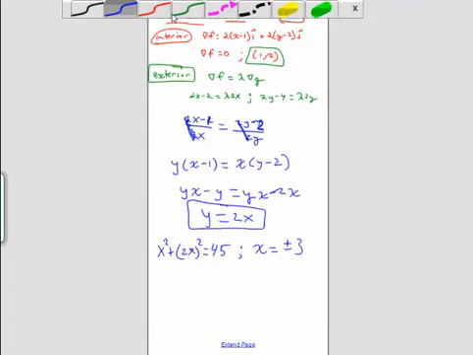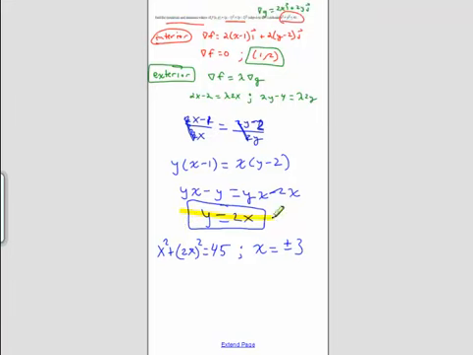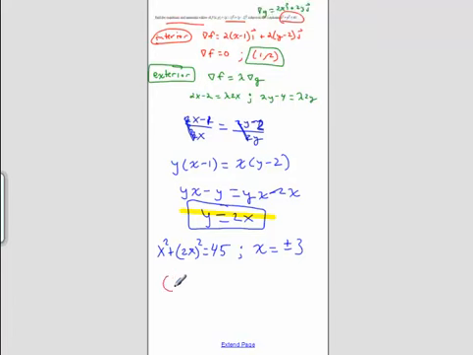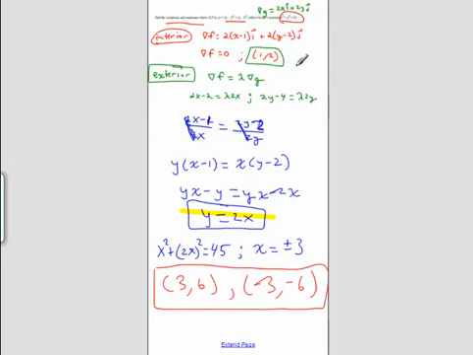Now that we know what x is, and we know this expression between x and y, we have two additional points, the point 3, 6, and negative 3, negative 6. So we have 3 points. These 2 points lie on the exterior, and the point that we found here lies on the interior.